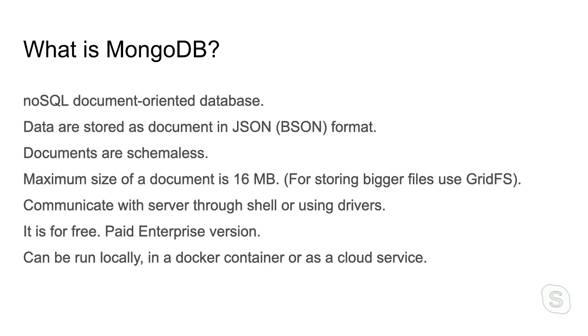MongoDB itself is free, so there's nothing stopping you from using it on your pet projects, but there's also the paid enterprise version, which has some enterprise features. We're using it on quite a large project, and we're using only the free version. It's sufficient for us. You can run MongoDB locally, in a Docker container, or as a cloud service, which MongoDB offers. I will tell you more at the end.